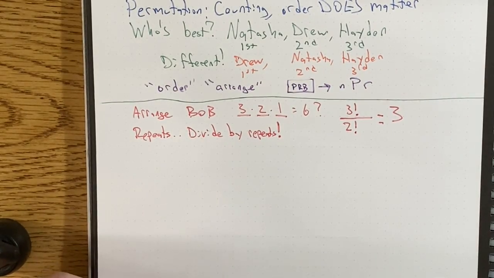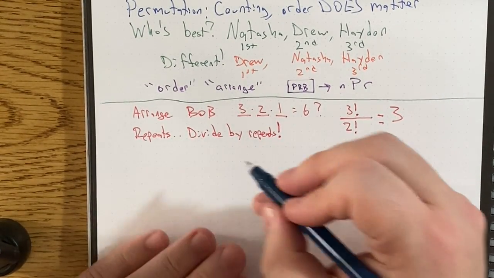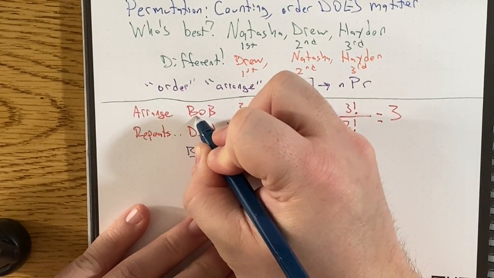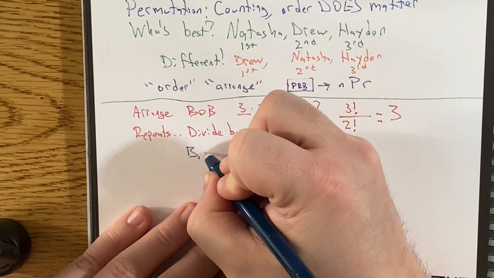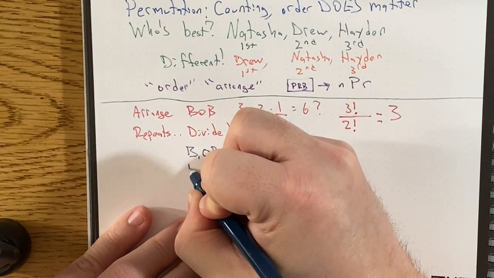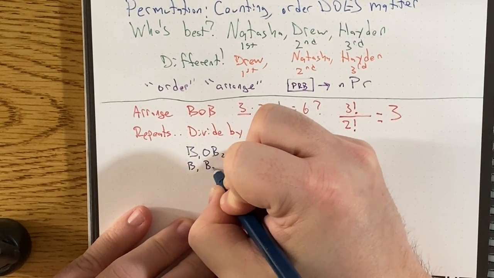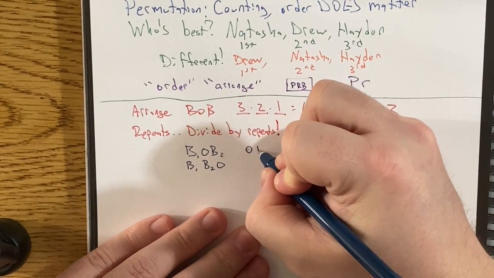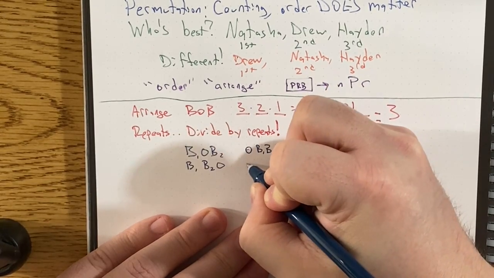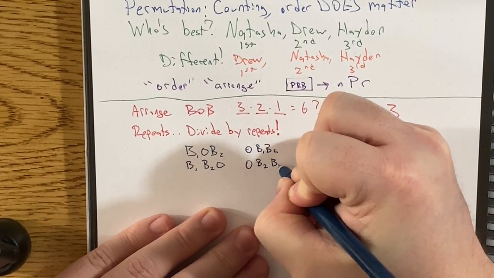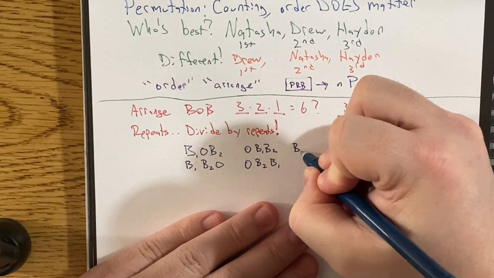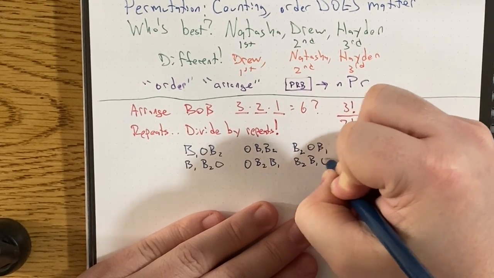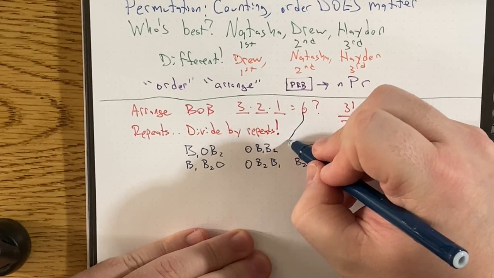And just so you get why we're doing that, let's pretend there's B1 and B2. B1, O, B2; B1, B2, O; and then O, B1, B2; O, B2, B1; and then B2, O, B1; B2, B1, O. So that's 6 down here.